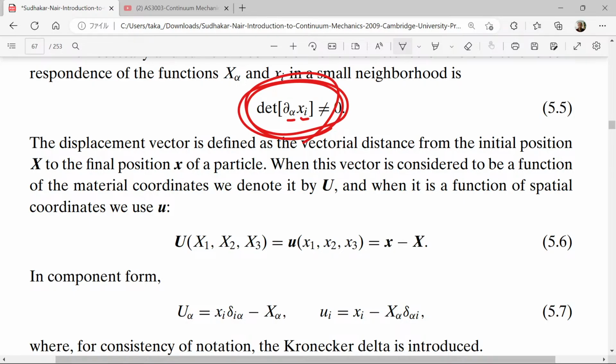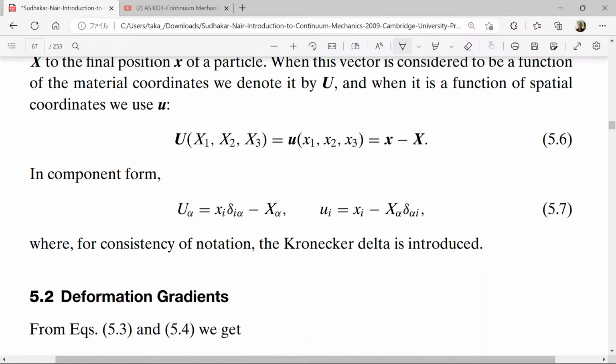When this vector is considered to be a function of a material coordinate, we denote it by large U, okay? And when it is a function of spatial coordinates, we use small u.